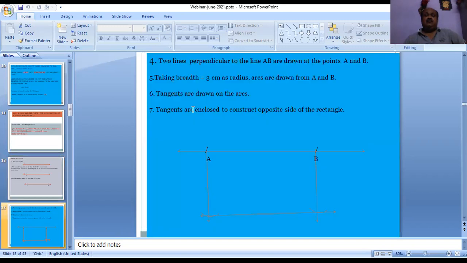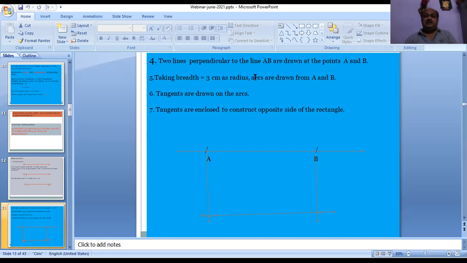Now, 2 lines perpendicular to the line AB are drawn at the points A and B. I have taken this perpendicular and this perpendicular. In the case of waves, we have taken propagation of light waves in a straight line from all the points.